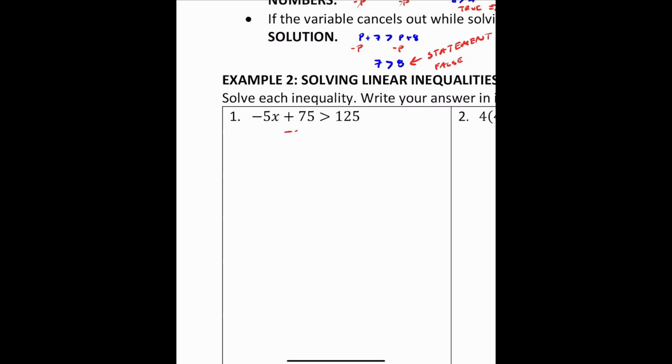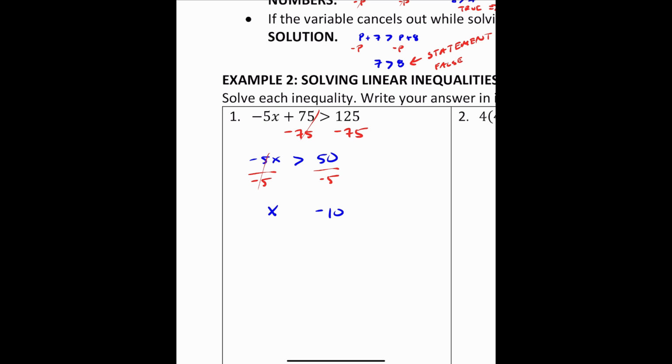I'm going to go ahead and subtract 75 from both sides, and I'm left with negative 5x is greater than 125 minus 75, which is 50. And then I'm going to divide both sides by negative 5. So I have x on the left-hand side of the inequality, and then negative 10 on the right-hand side.